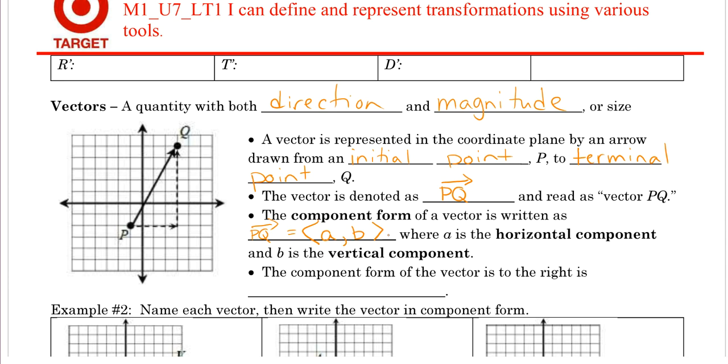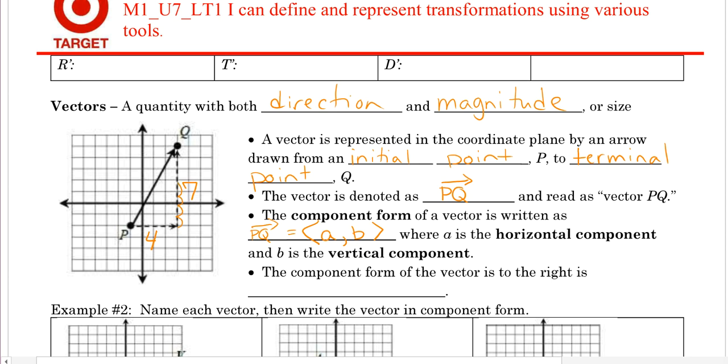So if we're looking at our diagram here, the horizontal component is 4 units and the vertical component is 7 units. And we would just be counting those boxes going up.